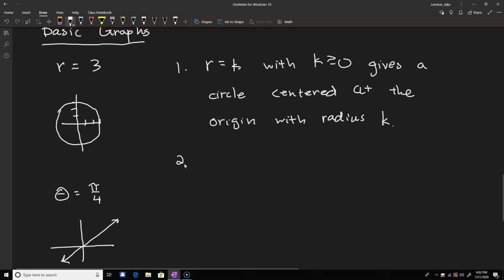So if you let theta equal a constant, it's going to give you a line that passes through the origin. So theta equals some constant gives the line through the origin corresponding to that angle.